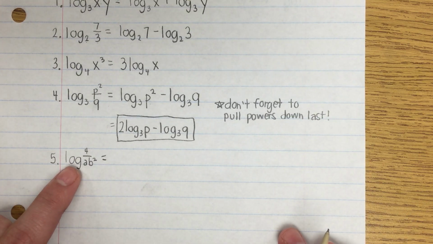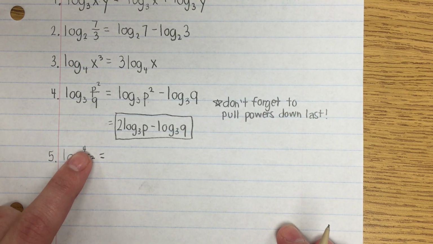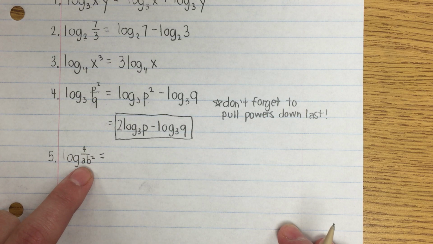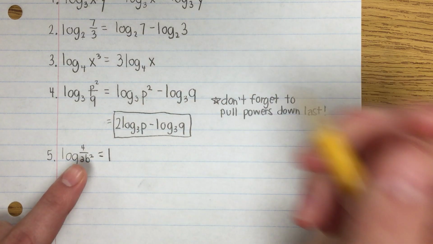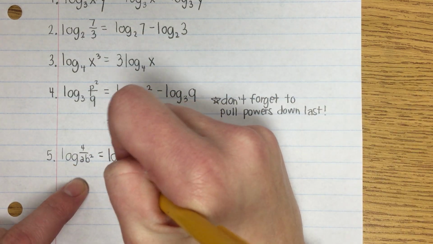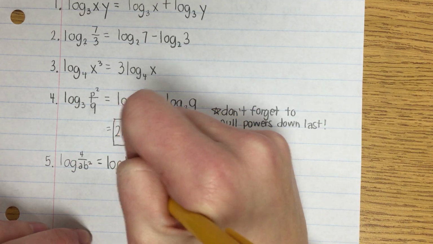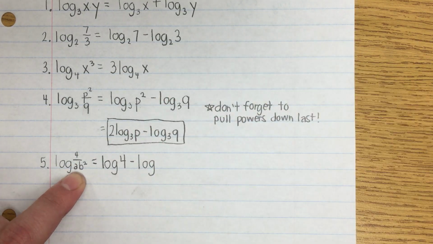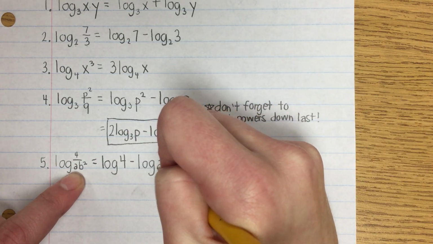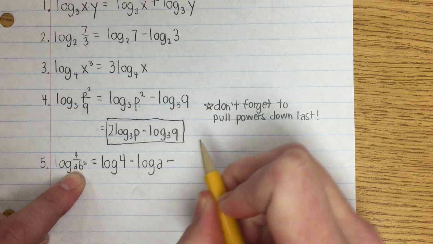If I have log, remember that's base 10, of 4 divided by ab squared, then by my quotient property, this is log base 10 of 4 minus, I have to be careful on this one, log base 10 of a and another minus.